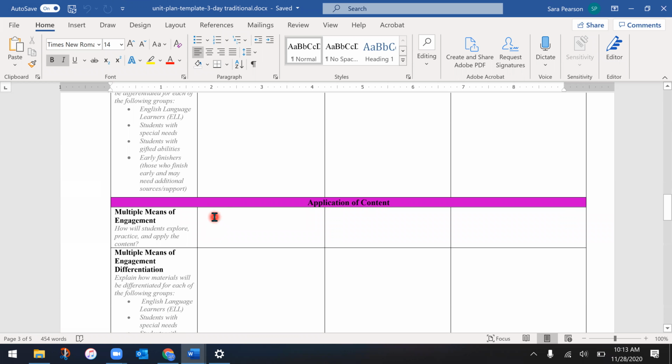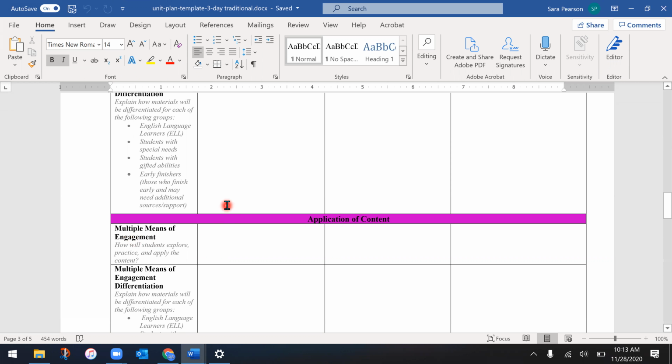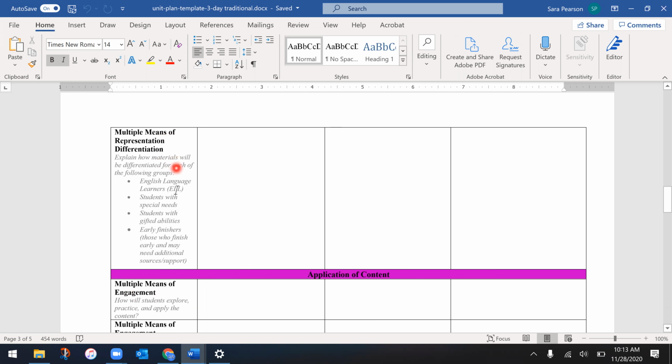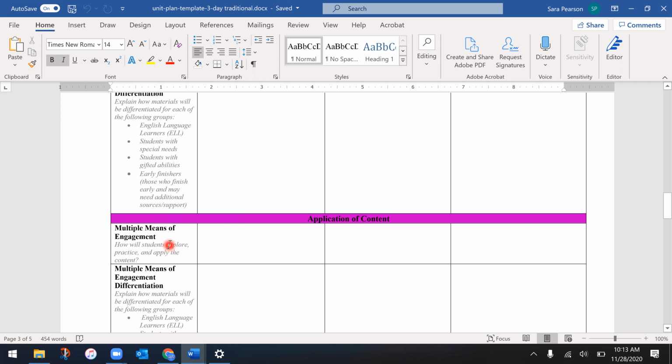Now on here, I should be seeing step-by-step directions exactly what you would be doing each day. So when I think about representation, this is how are you teaching? What are you doing to present the materials to students? When I think about engagement, I think about what are students doing to practice? So up in my representation part, I will introduce multiplication by modeling this on the board.